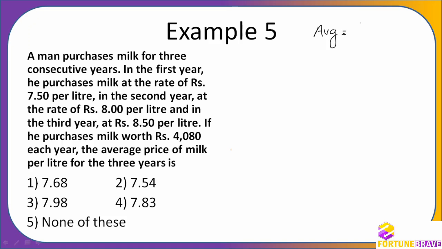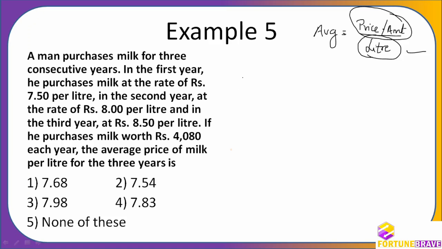Whenever a rate is coming, we need to find the price per liter, so total liters is required. The price is given, the amount is given, but the liters are not given. We need to find out the liters.